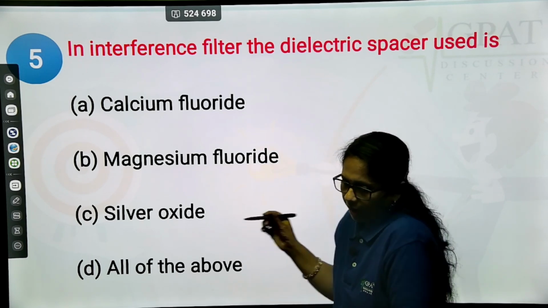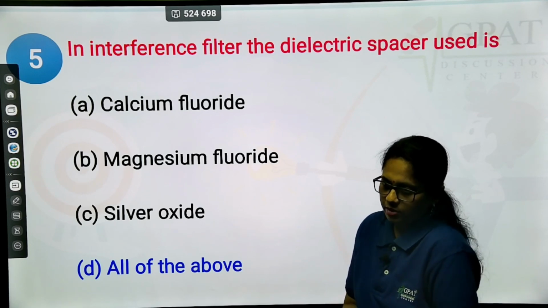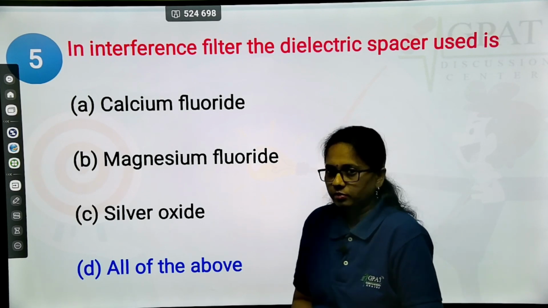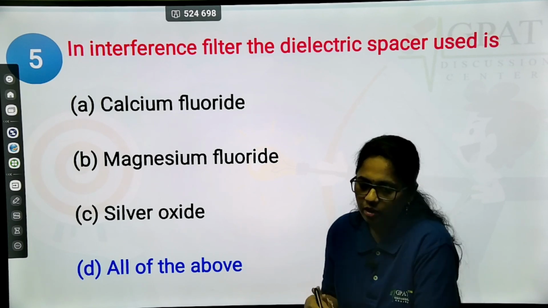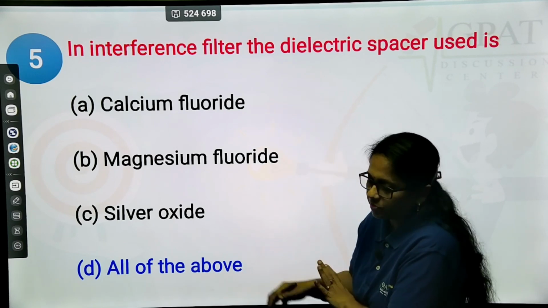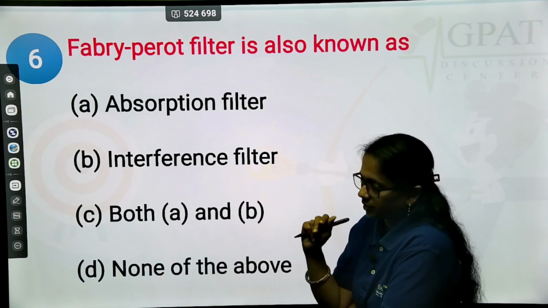All of these metal fluorides and oxides have dielectric constants, so in interference filters any of these can be used. For that purpose D is the right answer.